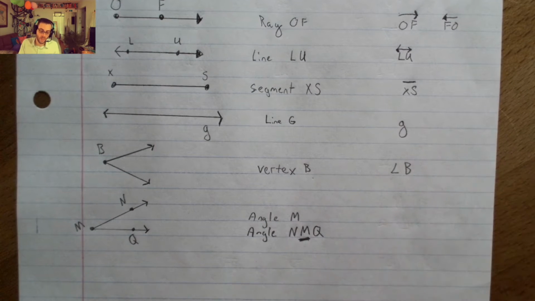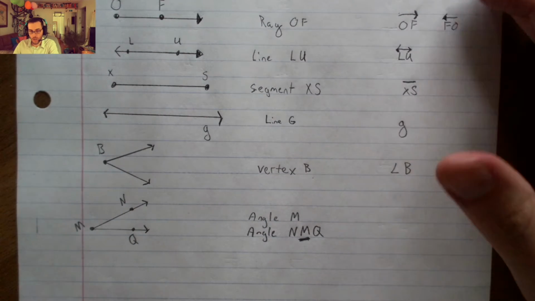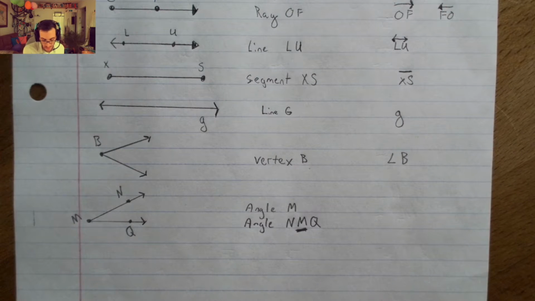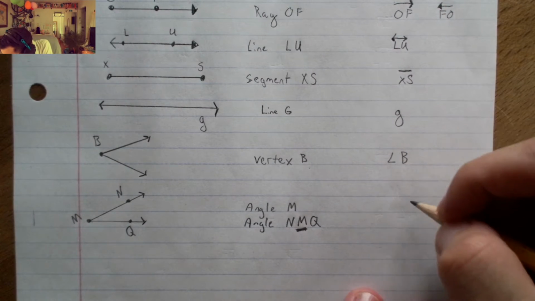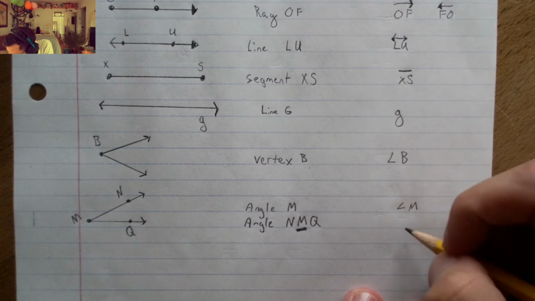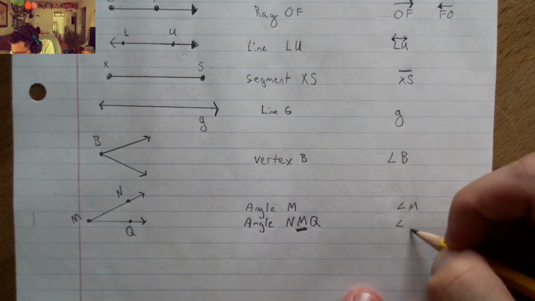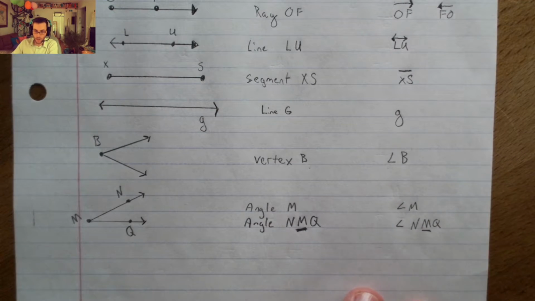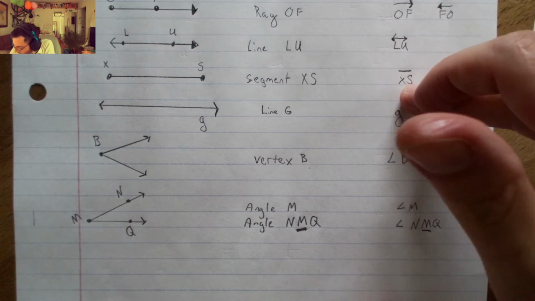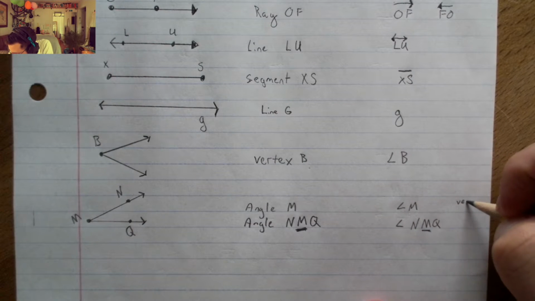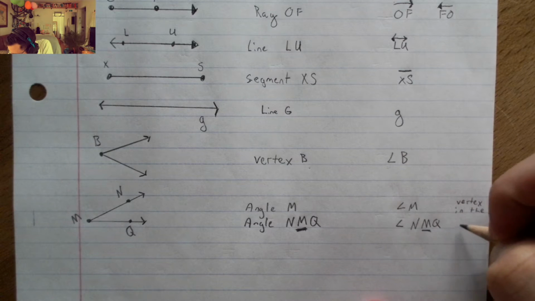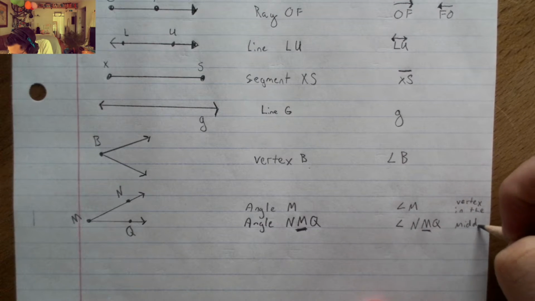And that's what your focus is going to be today when you do your practice after this, working with the naming. Just like our vertex, we're going to put NMQ. And the underline is just for your emphasis, but we're going to put the vertex in the middle.